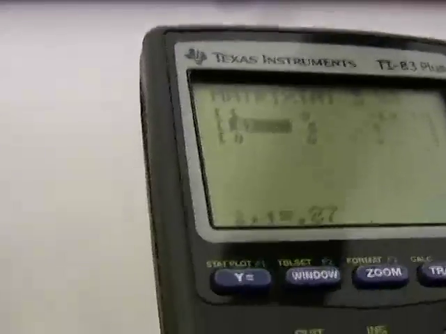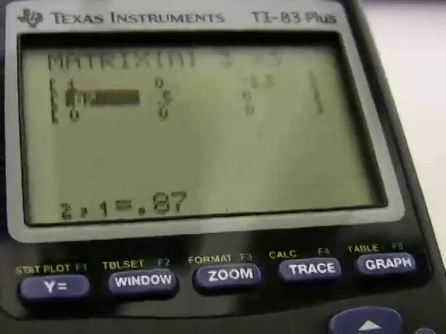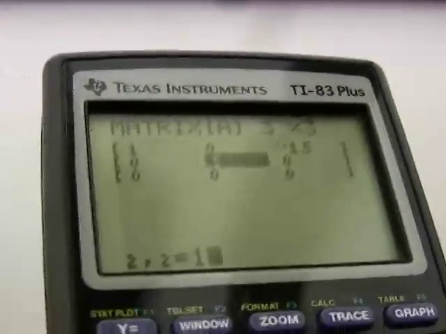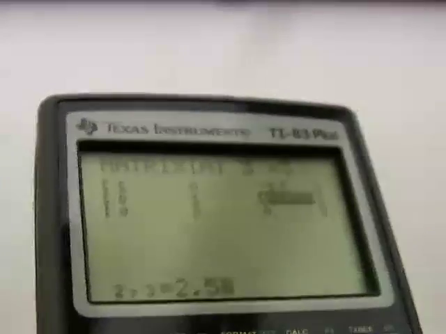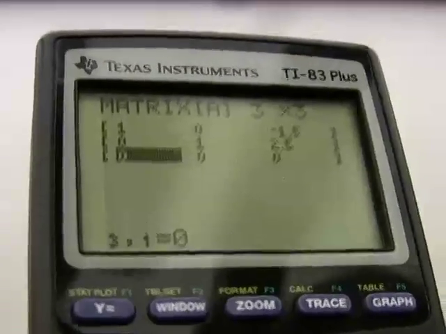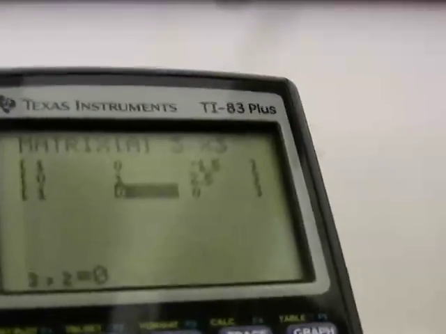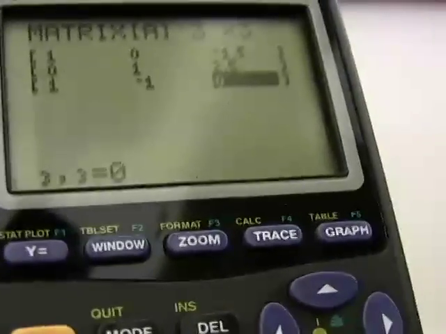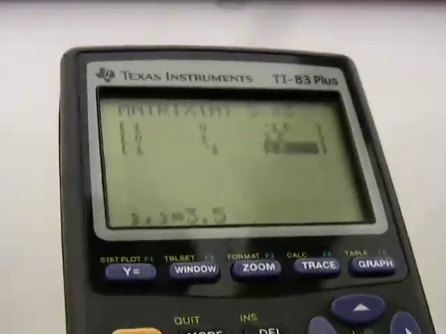The second equation, the coefficients are 0, enter, 1, enter, 2.5, enter. The third equation is 1, enter, negative 1, enter, 3.5, enter. You have your matrix A now.